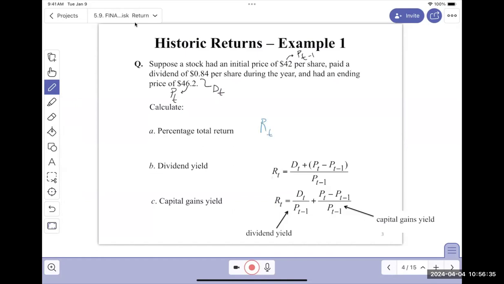So RT is equal to 84 cents plus the change in market value, PT minus PT minus 1, and divide by PT minus 1. And when you put it together, you get 0.12 or 12%.